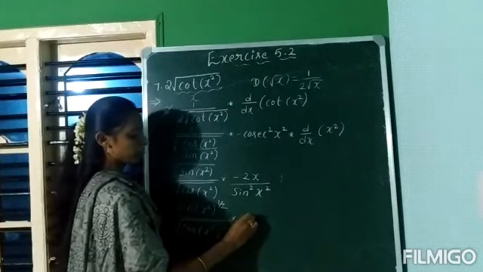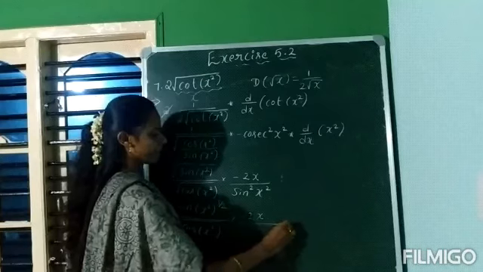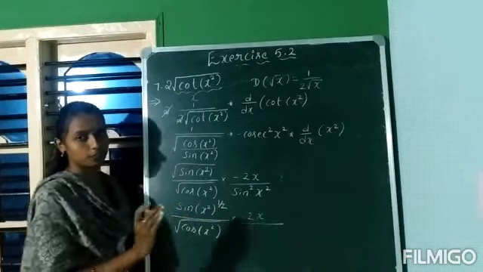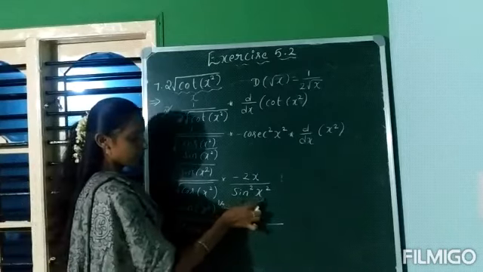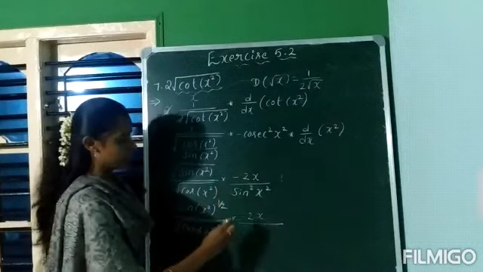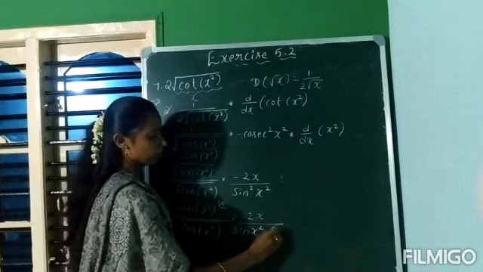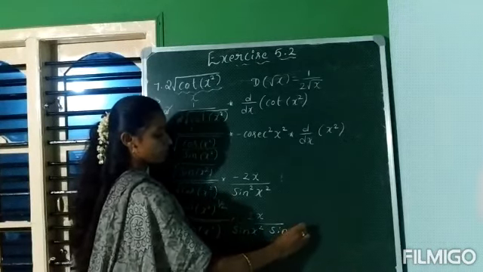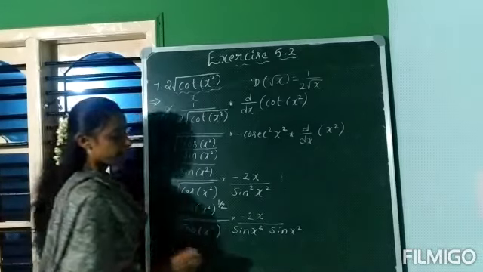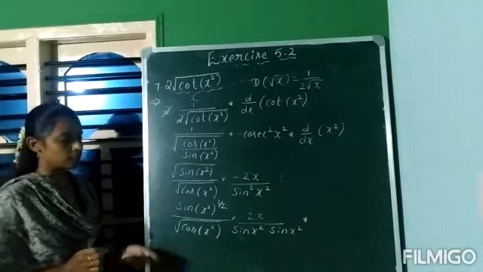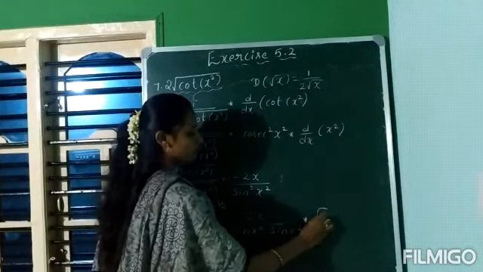Next, this one is minus 2x divided by sine square, which is nothing but sine into sine will be sine square, right? So I'll write this one term as twice, which is nothing but sine x square into sine x square. We can write, no? Next, what I will do for the substitution is, for numerator and denominator, I just multiply with a root 2 and a root 2.